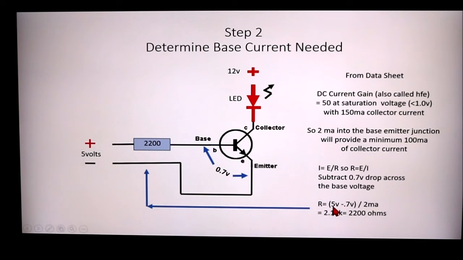So it's 5 volts minus 0.7 volts, which is 4.3 volts, divided by 2 milliamps, is 2200 ohms. So there we have calculated the base resistor. It'll allow 2 milliamps to flow through the base emitter diode, and that, because there's a gain of 50, will allow 100 milliamps to flow from the collector to emitter.